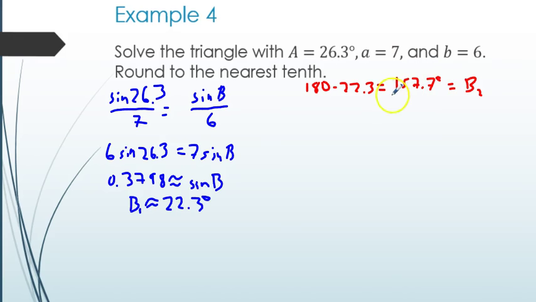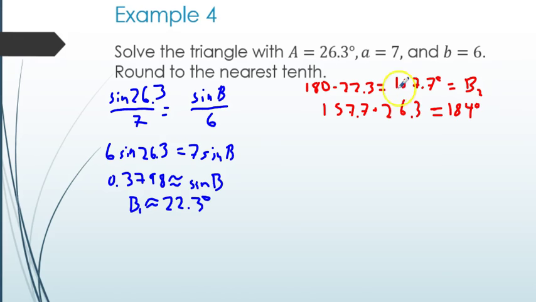Well, for that to work, that would mean I have to be able to take that angle plus the given angle, and they would have to be less than 180. So 157.7 plus 26.3 is equal to 184 degrees. So here's where the problem's coming in for us.